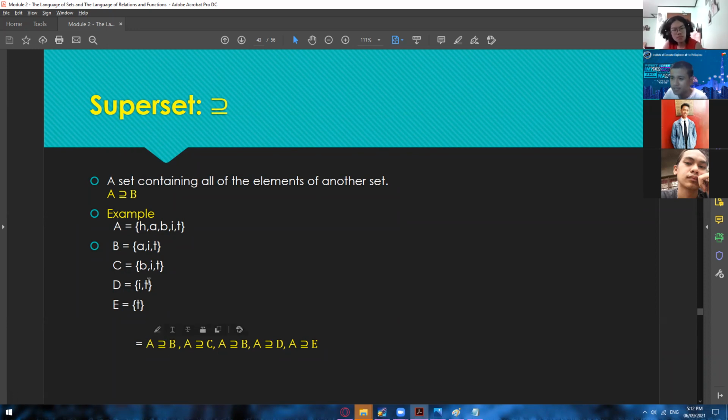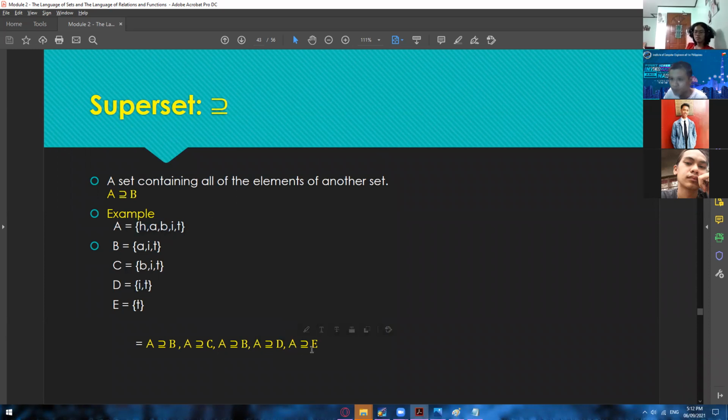A is the superset of B because all of the elements of B can be found in A. A is the superset of C because all of the elements of C can be found in A. Okay, let's just ignore the repeated one.